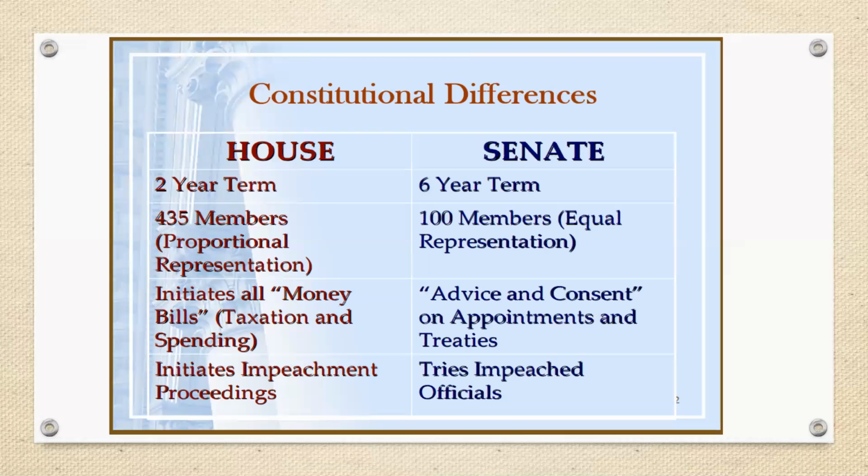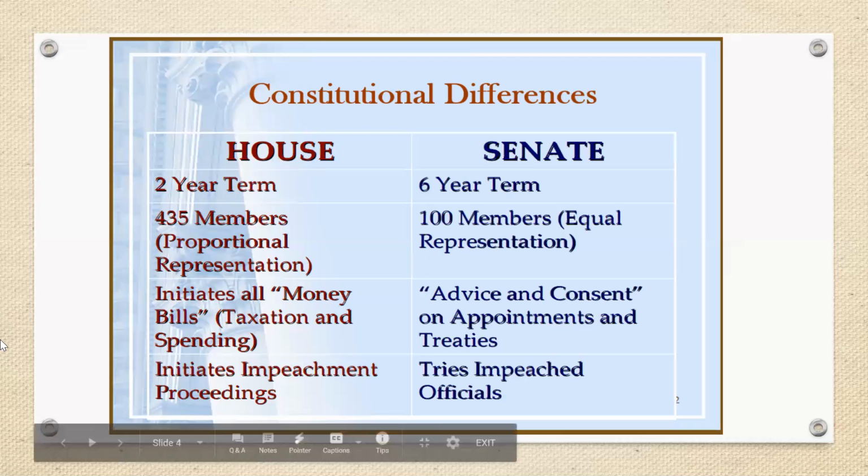Now, you remember they did not find him guilty, so therefore he was not removed from office. So again, the Senate decides whether or not this person deserves to be kicked out of office. They never have, but the Senate is the one that does that according to the Constitution.